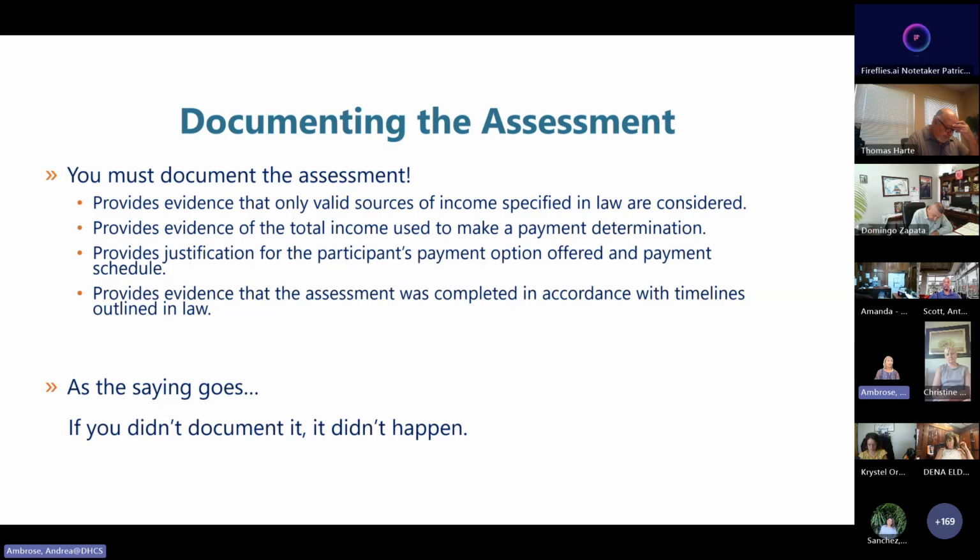It's going to justify whatever payment option you're able to offer the participant and their payment schedule. And it's going to show evidence that you complied with the law as it relates to the timelines required from the time of request until the time of the assessment. Like we like to say in the auditing world, if you didn't document it, it didn't happen. So make sure you're documenting those assessments.